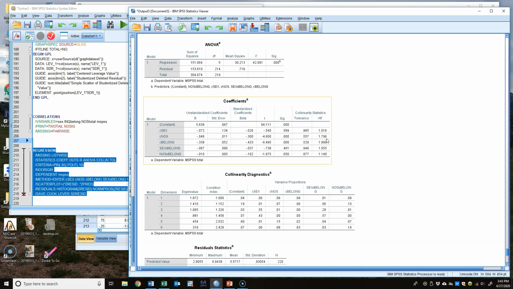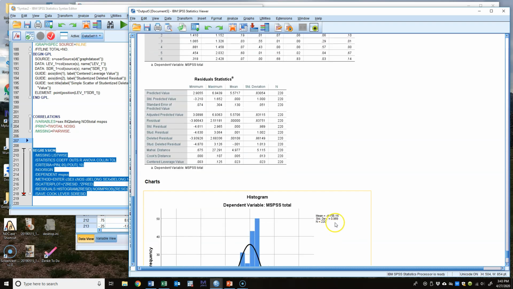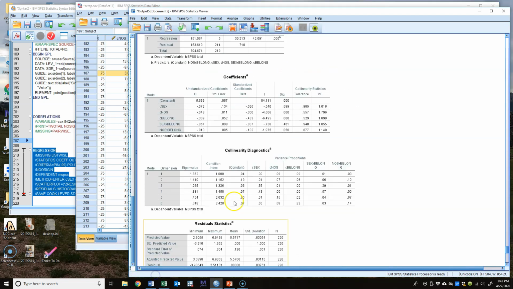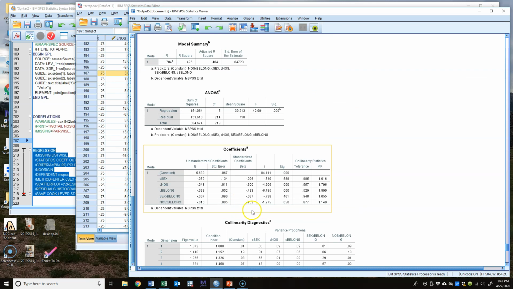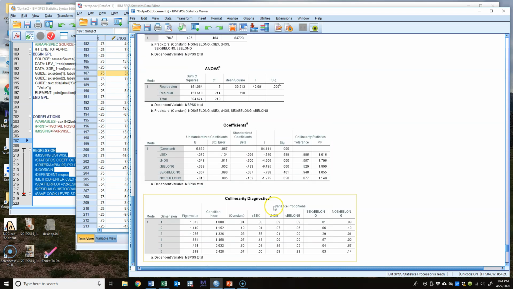But if you got anything even like a light year away from that, you should start to become concerned. But here, VIFs of 1.80 and 1.89, probably not anything too much to worry about in terms of our collinearity. So, yep, we have highly correlated predictors, at least in terms of our NOS and our INQ belonging scores, but for the most part, nothing too concerning.